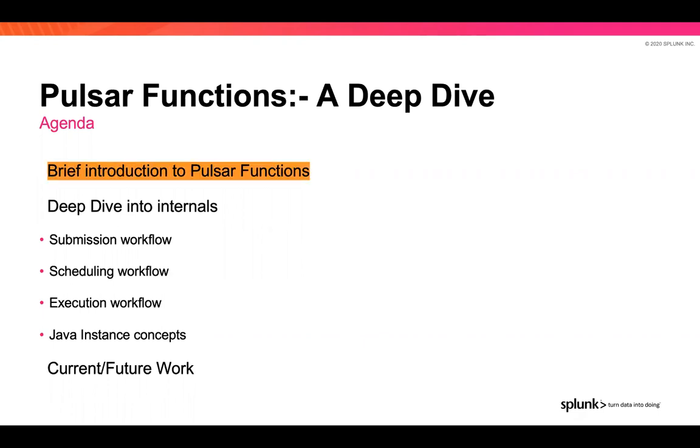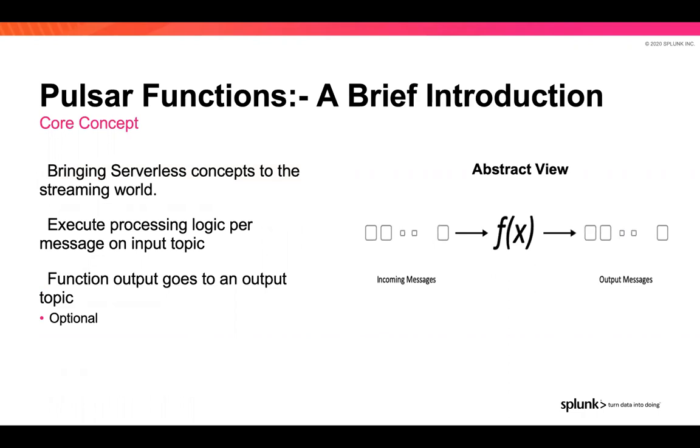So let's first start with a brief introduction to Pulsar Functions. What are they? It was the concept of bringing serverless concepts to the streaming world. Those of you who are familiar with serverless computing know it's basically where you create a very light processing function definition and apply it to a data stream processing element.